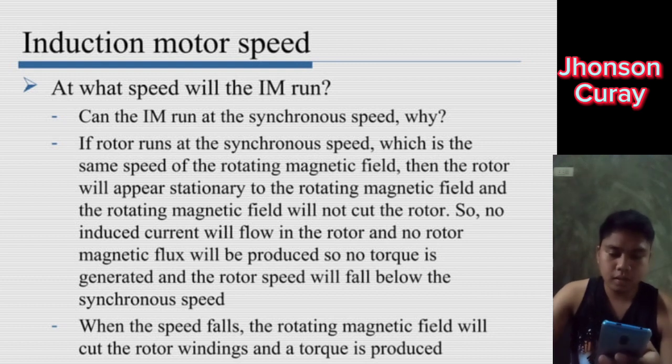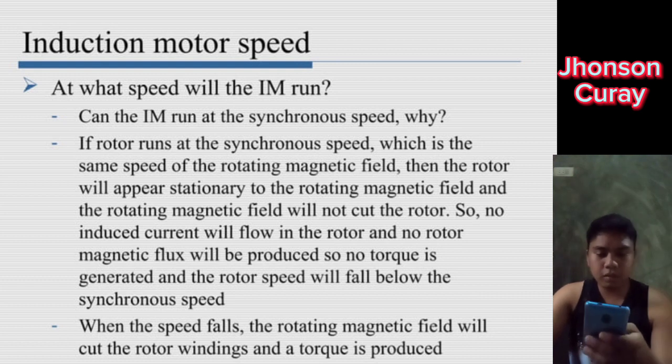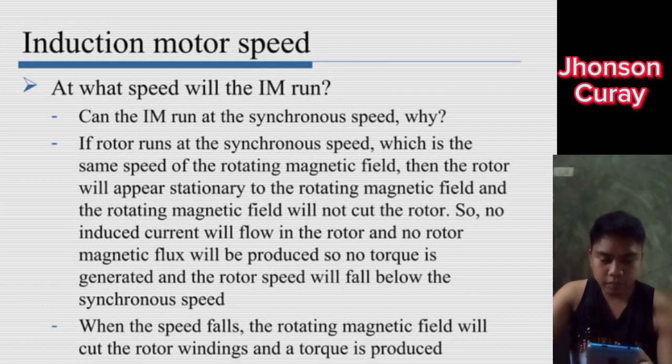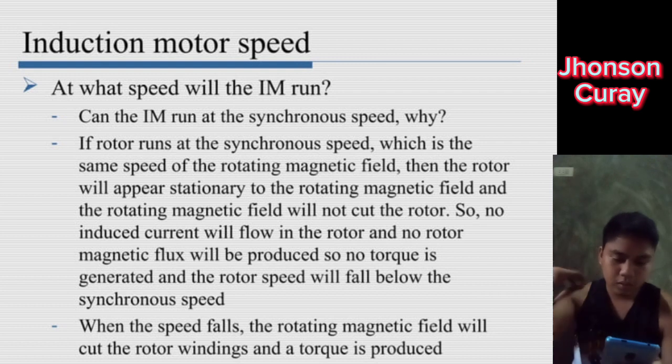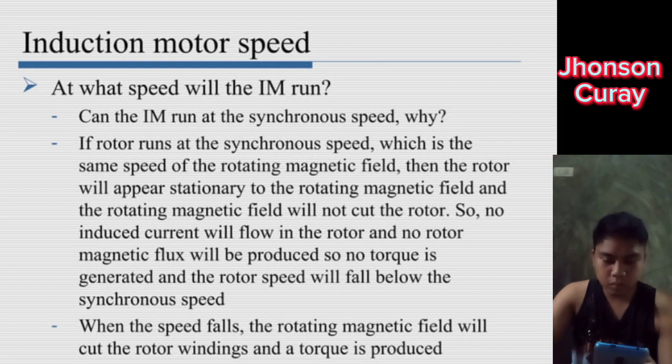Induction motor speed. At what speed will the IM run? Can the IM run at the synchronous speed, and why? If the rotor runs at the synchronous speed, which is the same speed as the rotating magnetic field, the rotor will appear stationary to the rotating magnetic field, and the rotating magnetic field will not cut the rotor, so no induced current will flow in the rotor, and no rotor magnetic flux will be produced, so no torque is generated, and the rotor speed will fall below the synchronous speed.